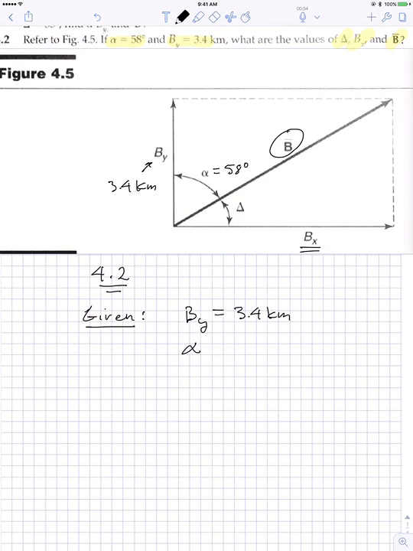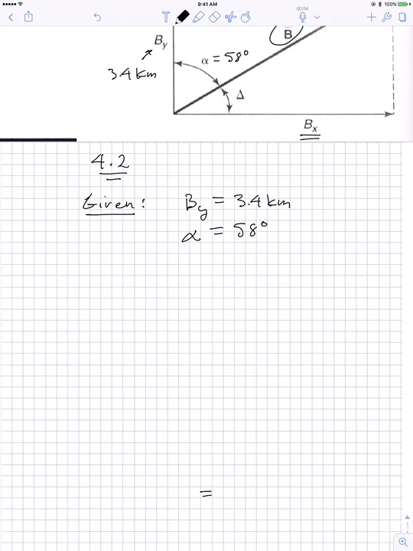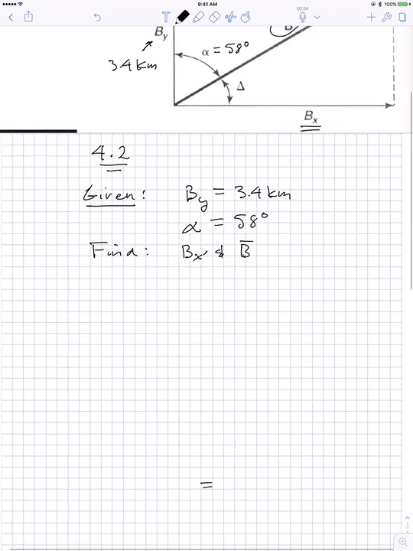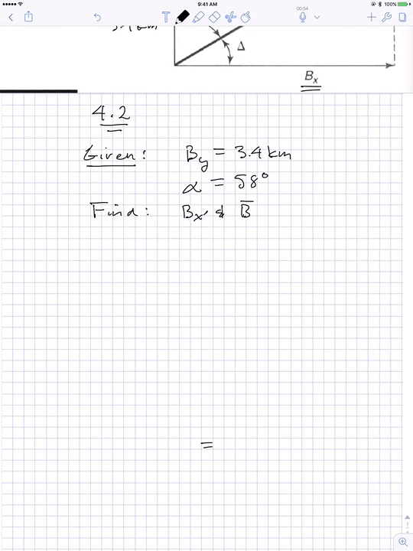We're given that alpha is 58 degrees. And we want to find bx and vector b. He put a prime on this. Let's just leave that prime there.